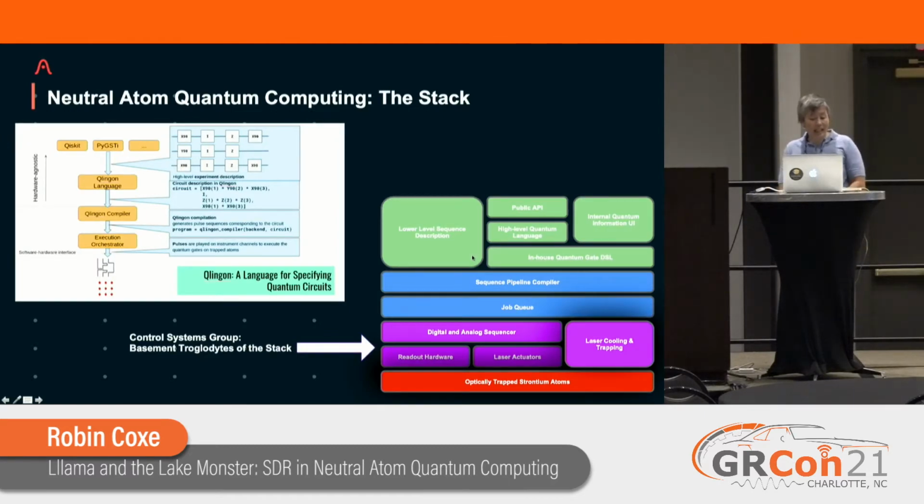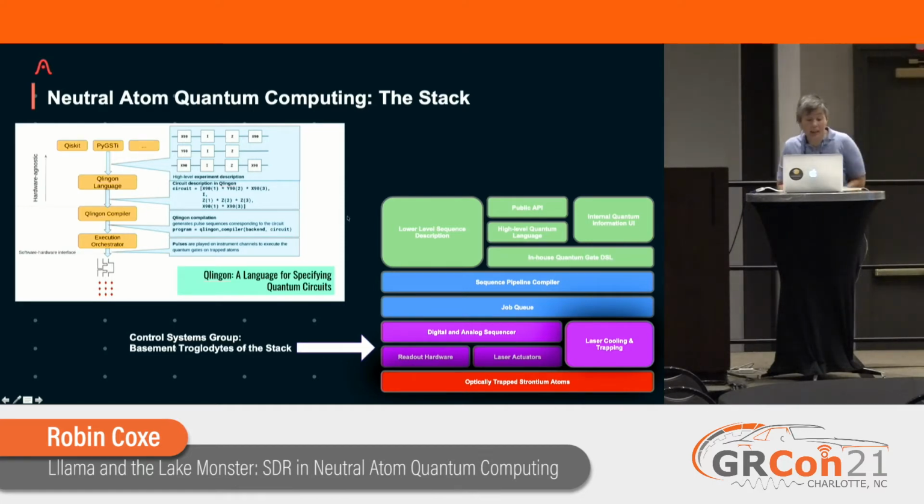Now that we have our 1 and 2 qubit gates in our neutral atom quantum computer, how do we actually use it for computing? Here is a diagram of our stack, and the control systems group is down here. We're manipulating the atoms with our SDRs.